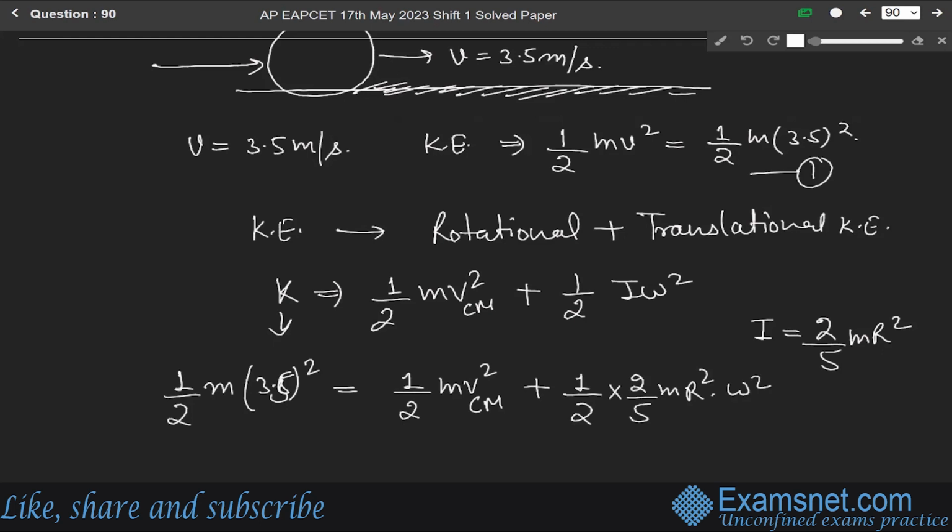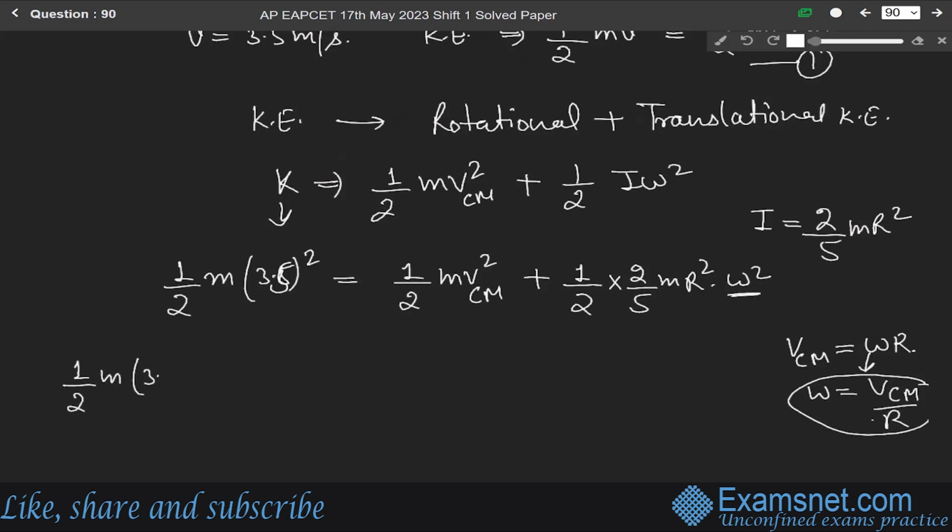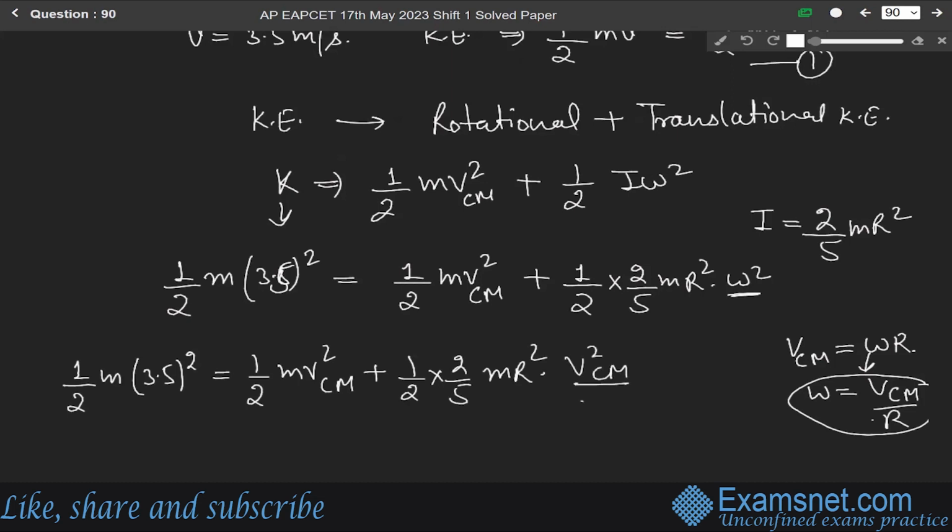We know that the velocity around the center of mass is equal to omega into r, so omega will be equal to v cm over r. Putting this value of omega here, we get 1 by 2 m 3.5 whole square equal to 1 by 2 m v square plus half into 2 by 5 m r square into v square over r square.